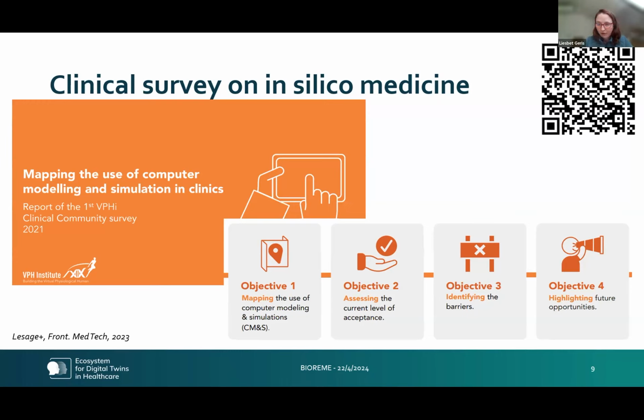But we wanted to have a sort of a feel of what is more widely known about modeling and simulation. So we did a survey within the clinical community that was driven by Claudio Capelli from Gauche and UCL. And we really wanted to map what are the needs and the fears and the expectations.